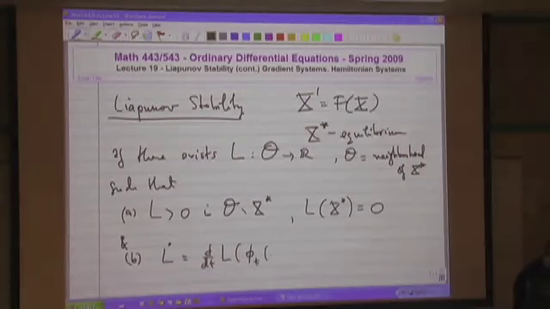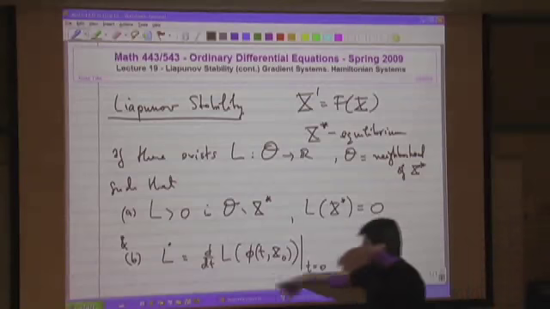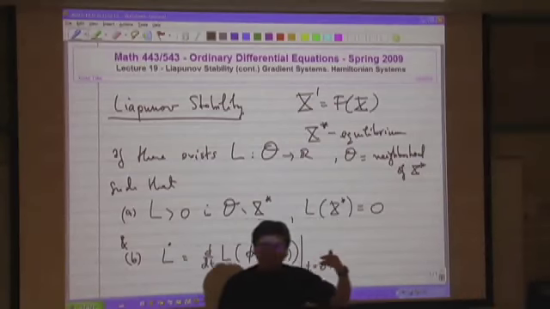Do you remember this notation too? Phi of t, that's the flow. Maybe we didn't use phi of t; maybe we use phi of t and x naught. Yeah, that's what we use, right? That just means it's a solution starting at x naught at time 0, but evaluated at time t. Well, you take the derivative of this L function, which you think of as an altitude, right?